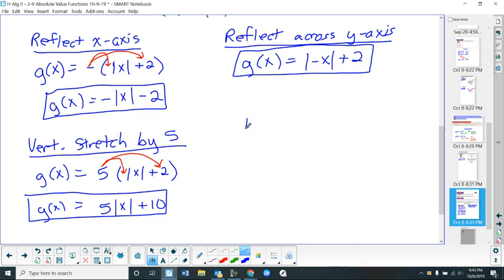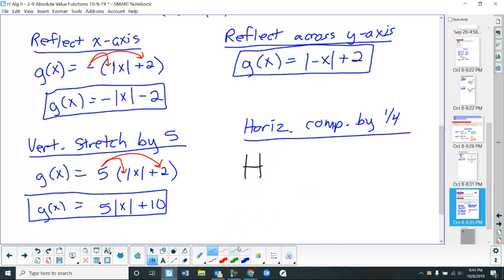All right, what about horizontal? Horizontal compression by 1/4. Guys, remember I said horizontal is a little bit harder. 1/4 would be 1 over 1/4. So remember, we're going to multiply x by 4, the reciprocal.